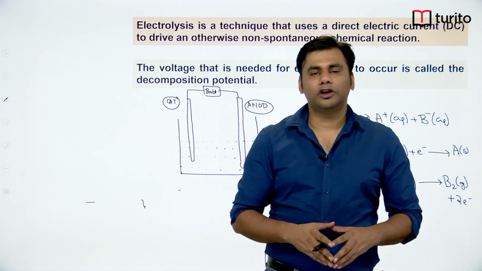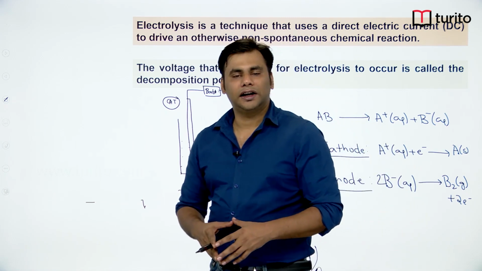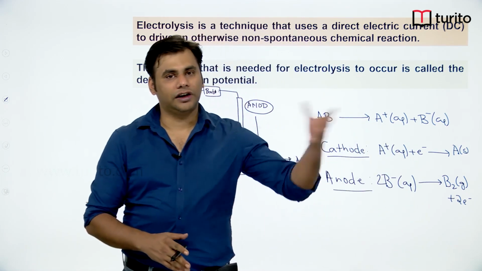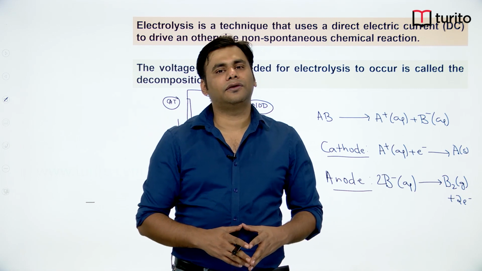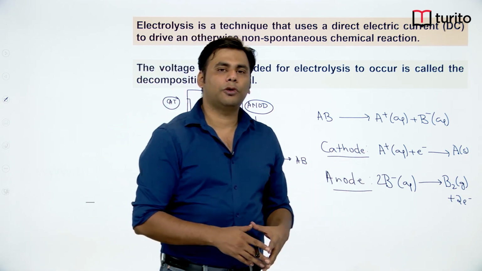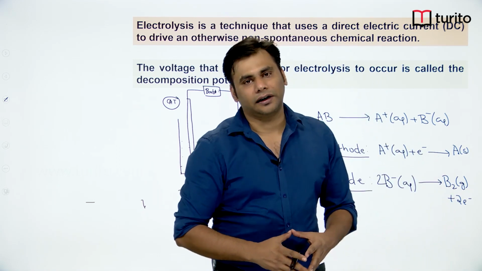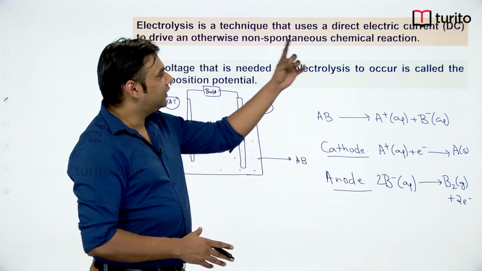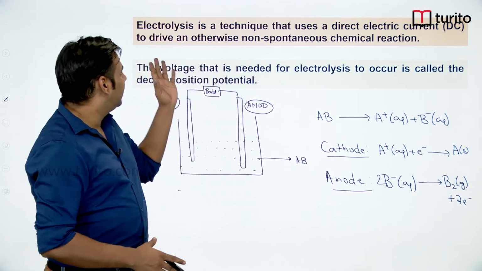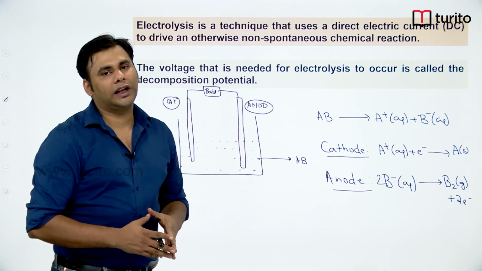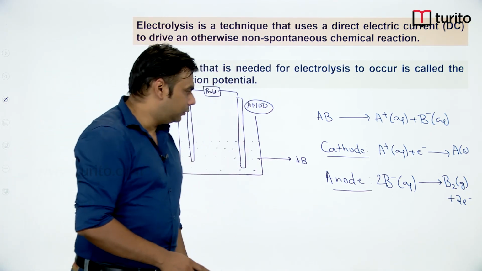This is a non-spontaneous reaction, because its delta G would be positive, since the reverse reaction gives negative free energy. It is made spontaneous by passing an electric current: we pass a direct electric current, DC current, to drive an otherwise non-spontaneous reaction. I hope this is clear to you.